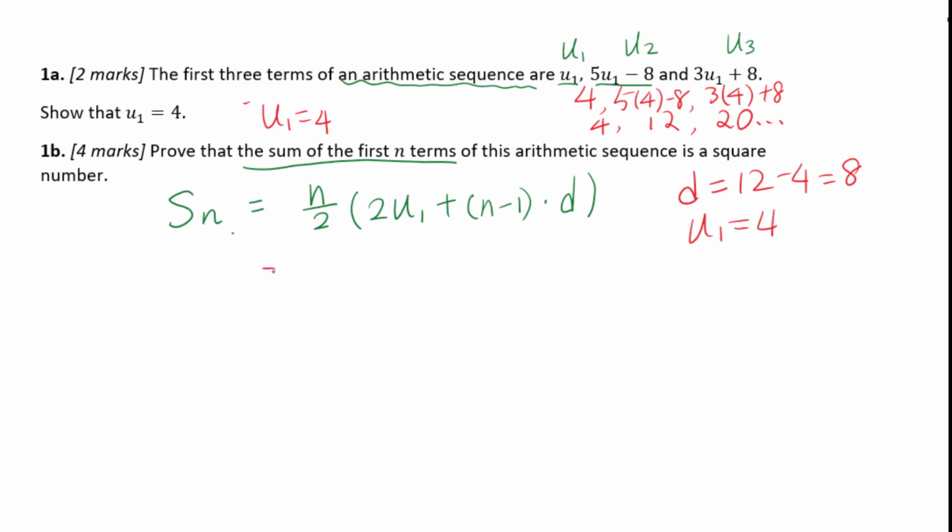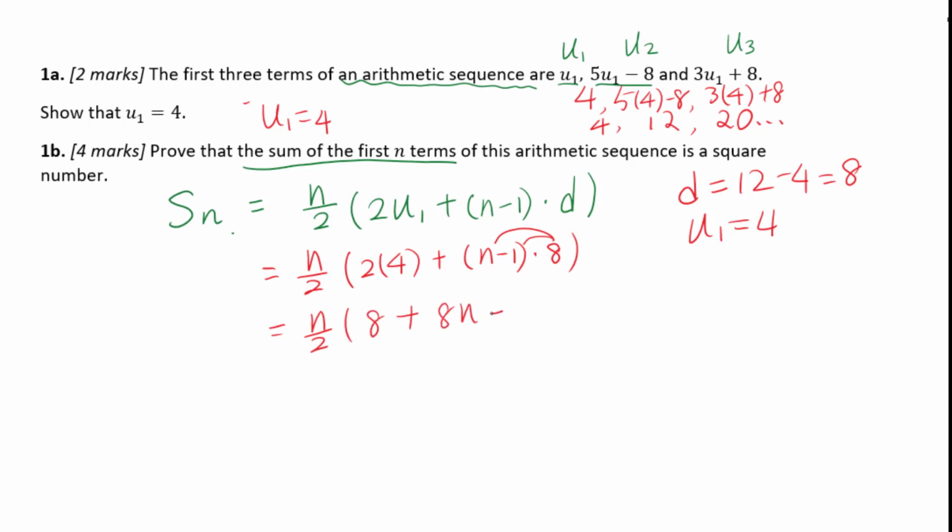So we plug in here n over 2 times 2 times 4 plus n minus 1 times 8. Distributive property, equals n over 2 times 8 plus 8n minus 8.